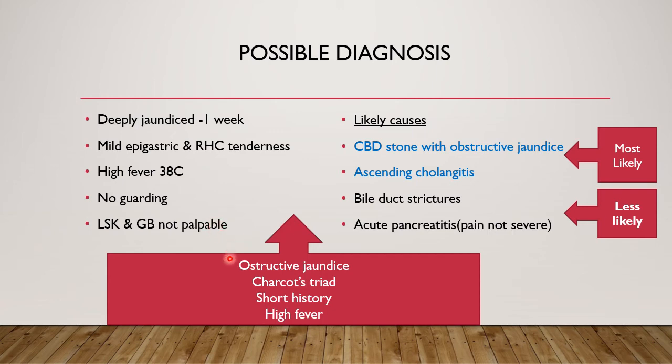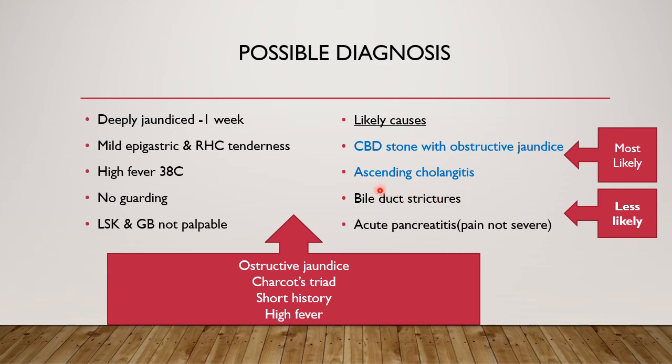So this leads to a condition of obstructive jaundice with Charcot triad, short history, and high fever. And the most likely cause or diagnosis in this case will be an obstruction of the CBD by a stone causing obstructive jaundice and complicated with ascending cholangitis.